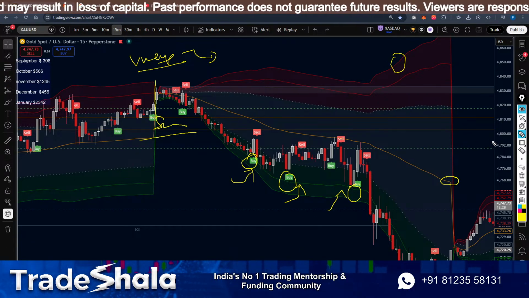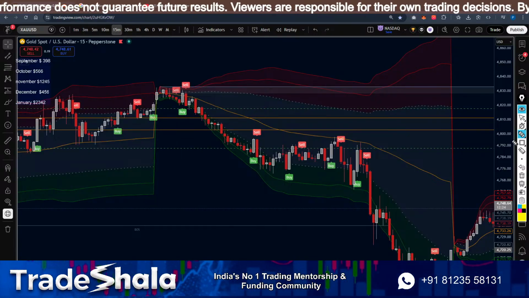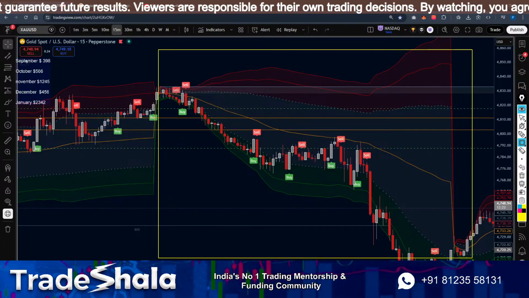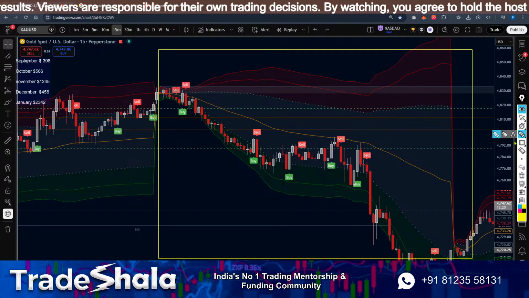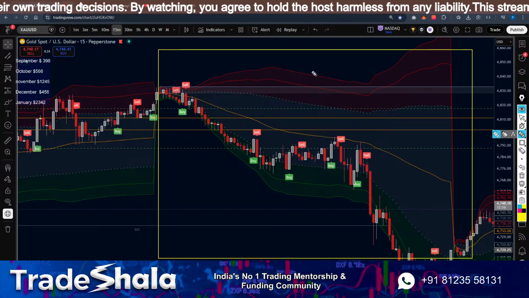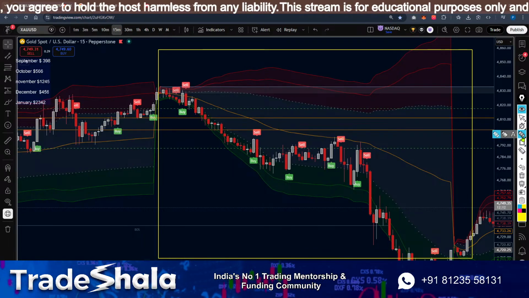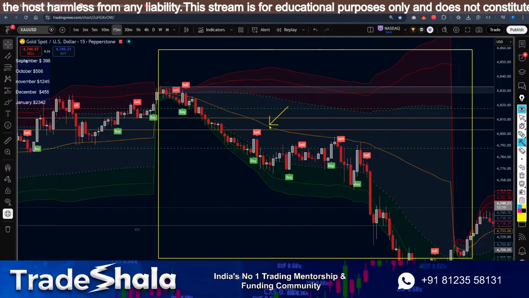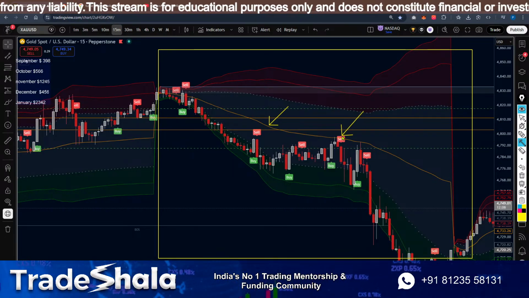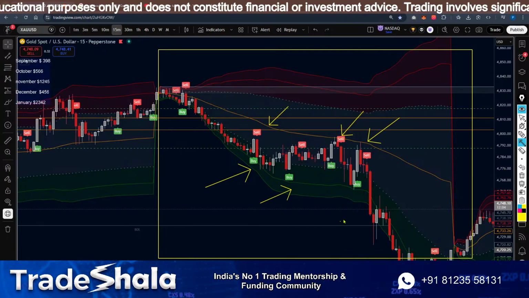So it will tell me, if you just look at the previous data, from here to here, it is very easy. Purely institutes are playing this game. This is what it's telling you. You see the golden line over here. If you observe it very closely, you will know the sellers are entering over here, sellers are entering over here, sellers are entering, and the buyers are entering on the green band.